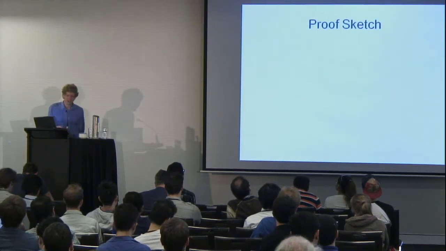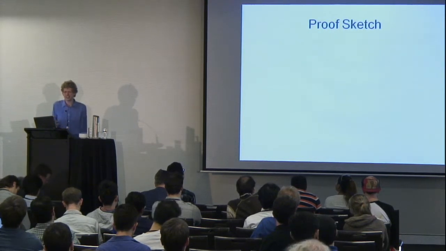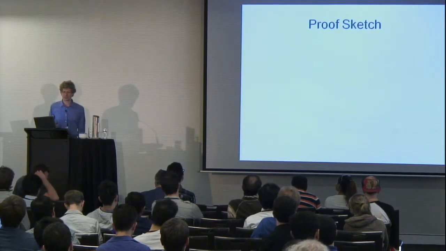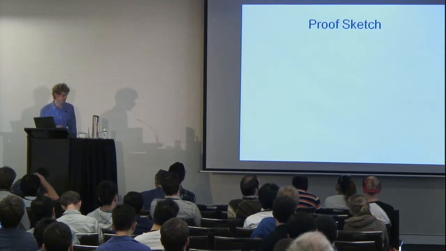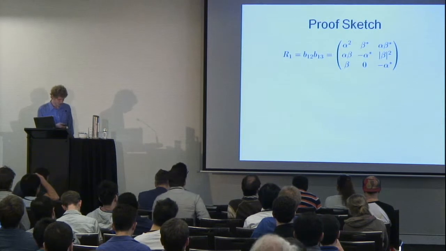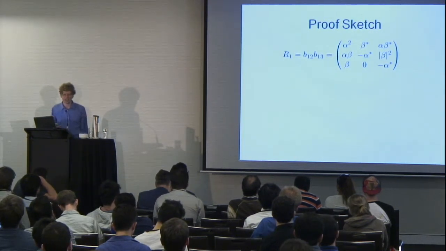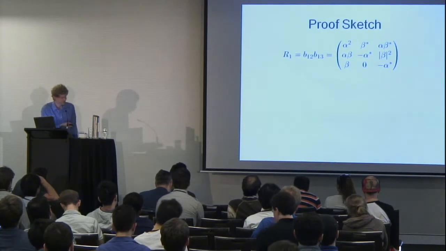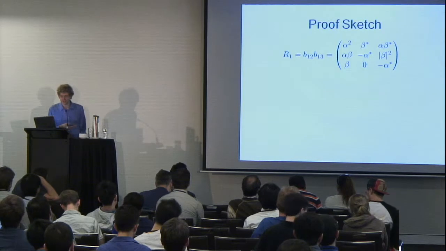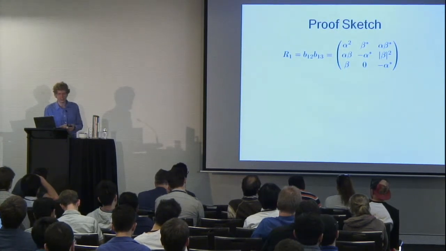All right, so I'll now move on to a brief sketch of the proof. How do you use representation theory to prove a universality result like this? Here's how we do it. We consider applying our beam splitter to different pairs of modes. Let's say we first apply the beam splitter to modes 1 and 3, and then to modes 1 and 2. This will generate some unitary action on this 3-mode space.